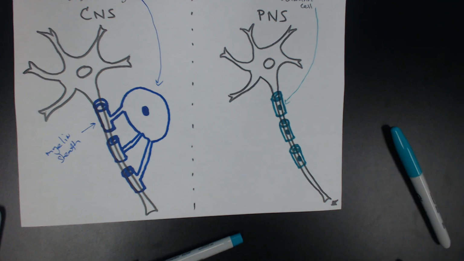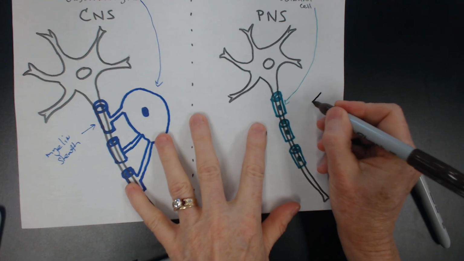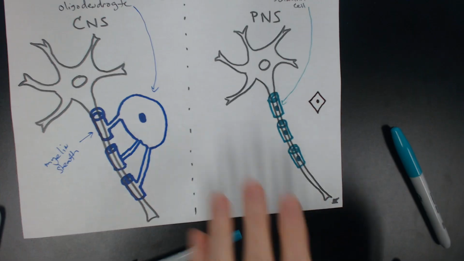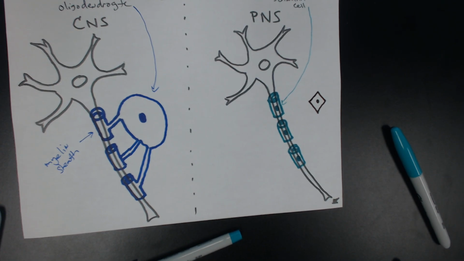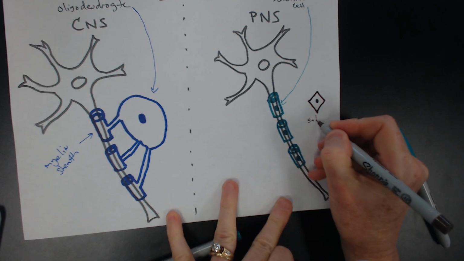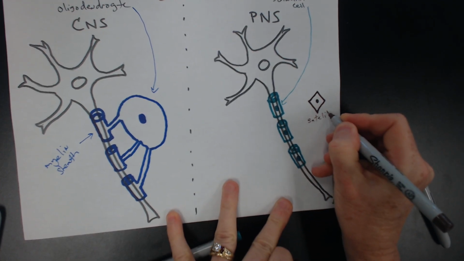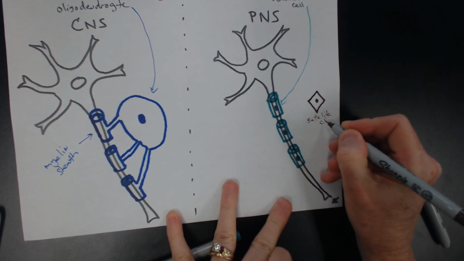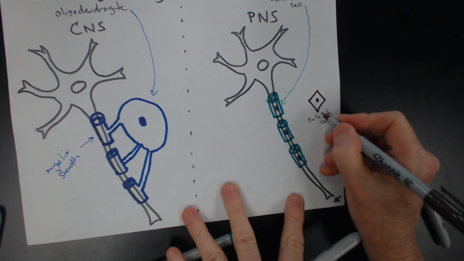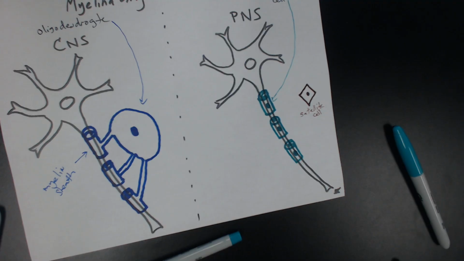One more cell type that I'd like to talk about, and that's going to be in the PNS. Pretty basic cell. This is going to be something in the PNS known as a satellite cell. S-A-T-E-L-L-I-T-E, satellite cell.